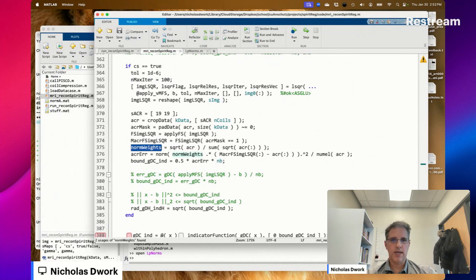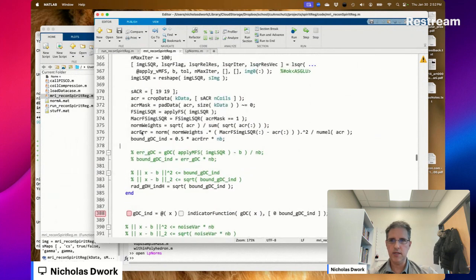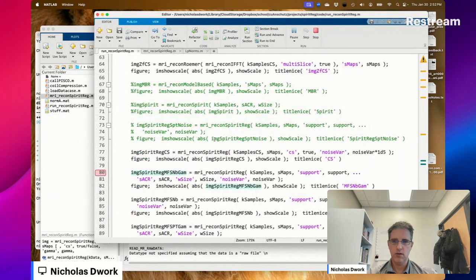I want the weights to add to 1. So this is a weighted average. Okay? So we just did the thing we were going to do tomorrow. It's hard to stop.